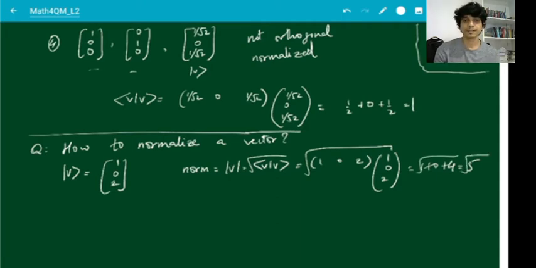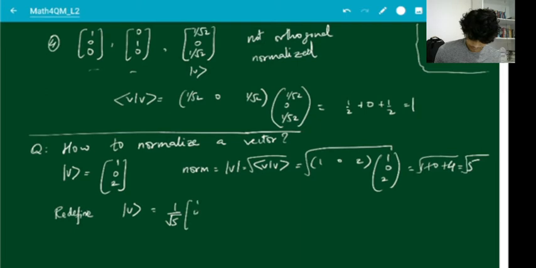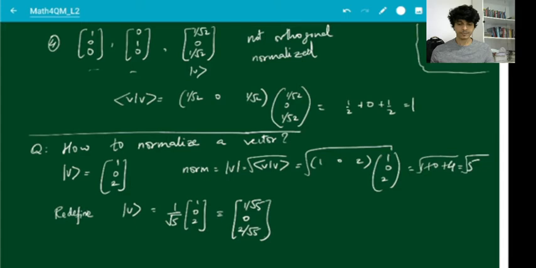So the length of this vector is square root 5. Now if I divide the vector by square root 5, you will find that it has become normalized. So if I redefine my v to be 1 over root 5 of (1, 0, 2), or this is the same as 1 over root 5, 0 over root 5, which is just 0, and 2 over root 5, then you can check that now mod v is going to be equal to 1.